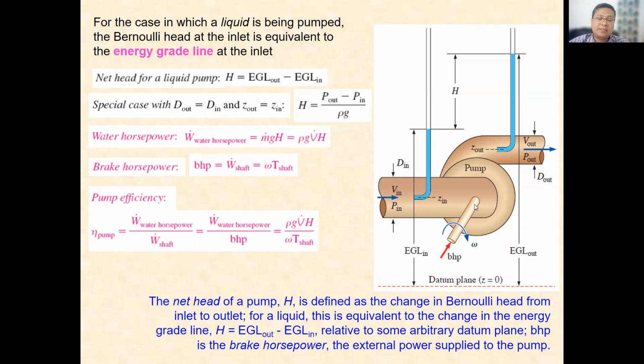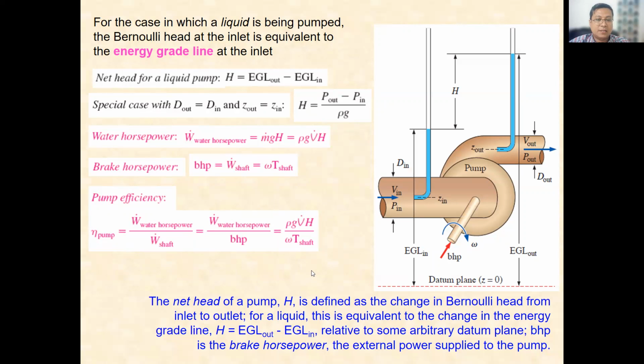So actually the pump is separate from the motor. The motor is the energy or mechanical supply into the pump. This one is considered energy coming out from the motor. So maybe the motor is an electric motor, or in an injection, the motor is made by a fuel motor.